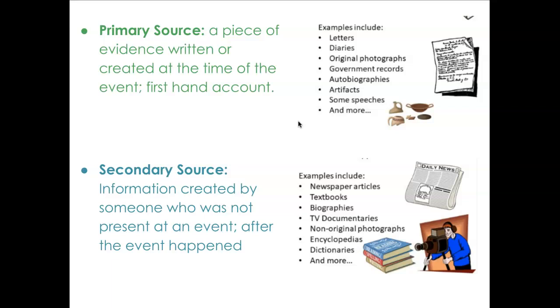I think of a secondary source as like chisme, right? Something happens during lunch and you come and tell me after, right? Now we have created a piece of information. Maybe we were there, maybe we heard it, maybe we saw, but it's after the event and now we are creating a story or a chisme to document what happened during lunch. And then I go and tell another teacher the chisme that a student shared with me.